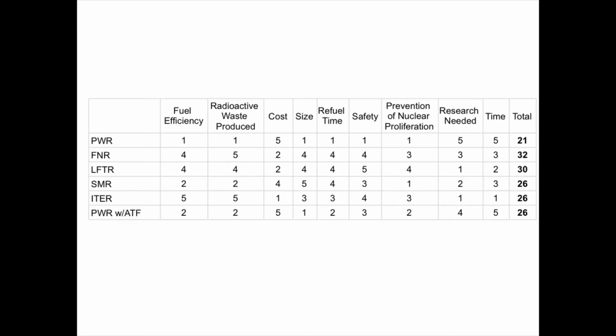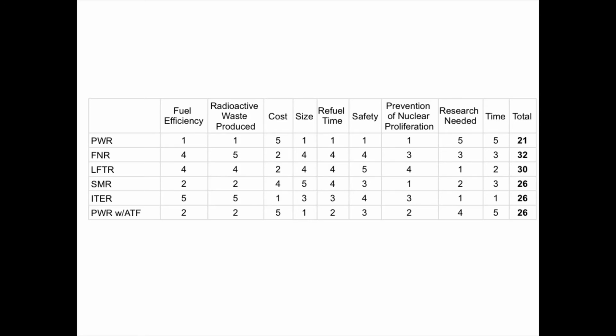The reason that liquid thorium fluoride reactors aren't higher up is because they're more or less similar or the same to the fast neutron reactors in every category, except, again, it would take longer to build them and implement them.